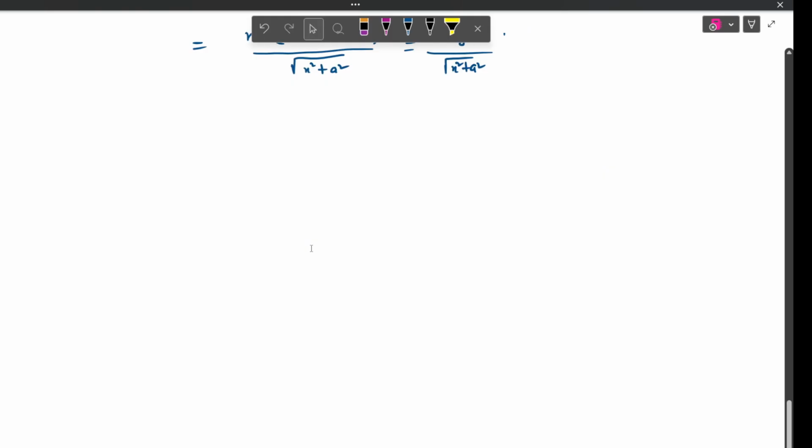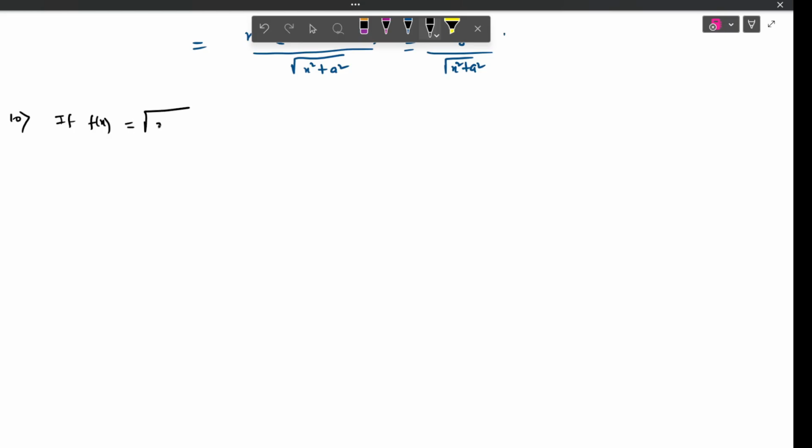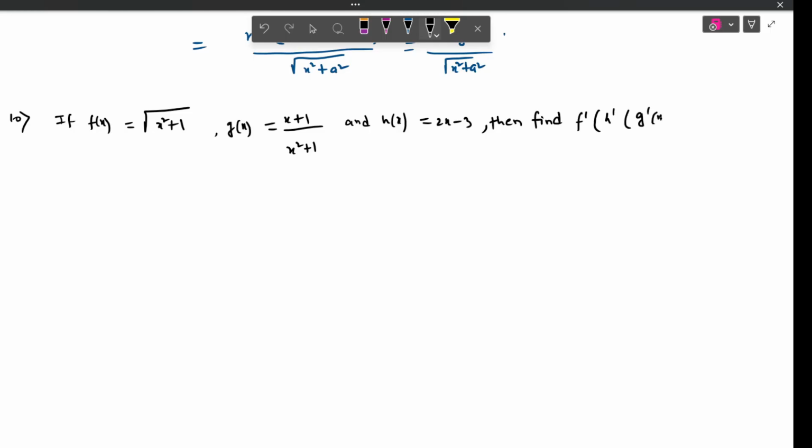Question number 10. If f of x is root under of x square plus 1, g of x is x plus 1 by x square plus 1, and h of x is 2x minus 3, then find f dash of h dash of g dash x.